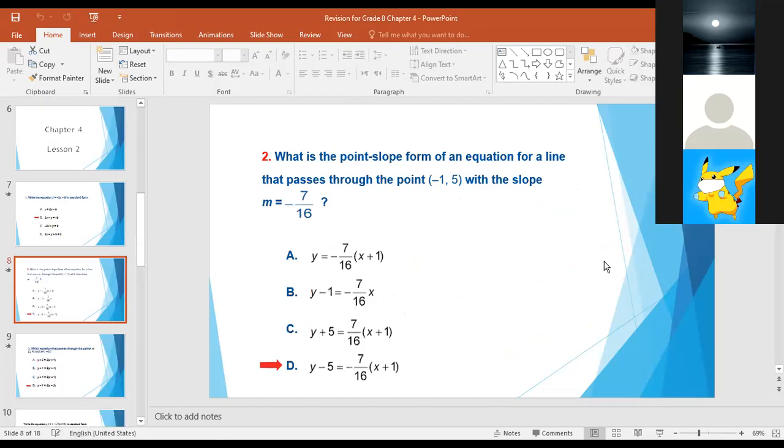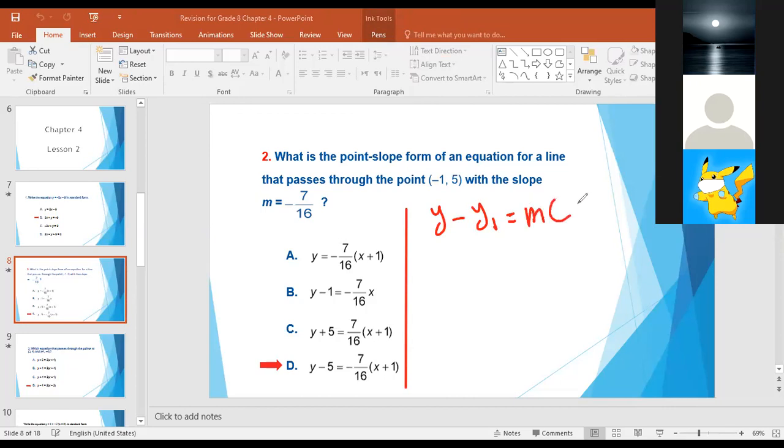Yes, teacher. What is the point-slope form of an equation for a line that passes through the point (-1, 5) with the slope m equal to -7 over 16? So here it's y minus y1 equals m times x minus x1.